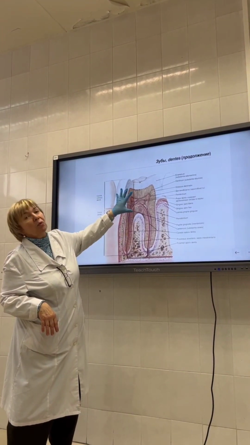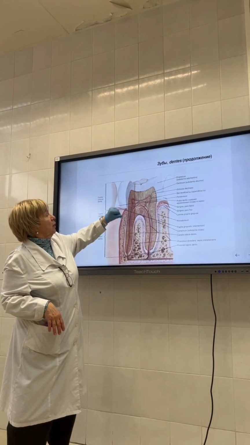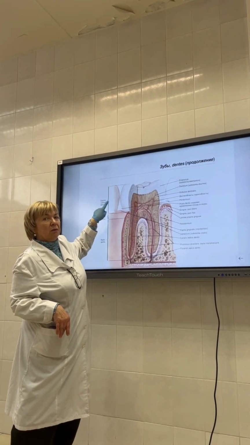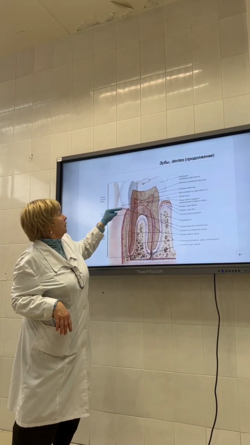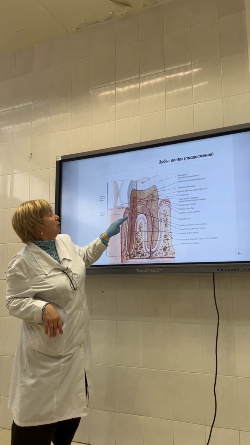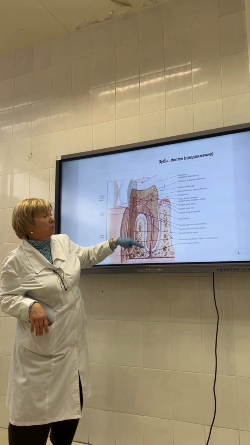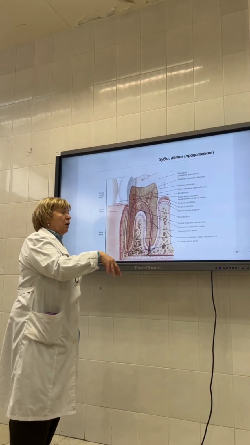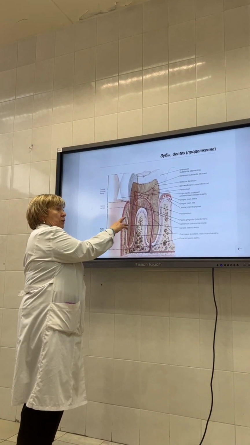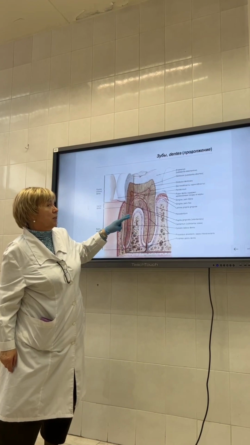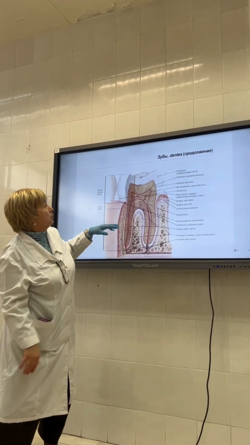So this is a molar, of course. How is this part called? Corona, crown. Then the neck, the narrowest part, and roots, or root, which are located inside alveoli, separated by intra-alveolar septums.